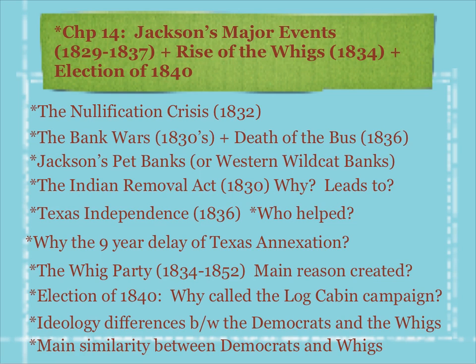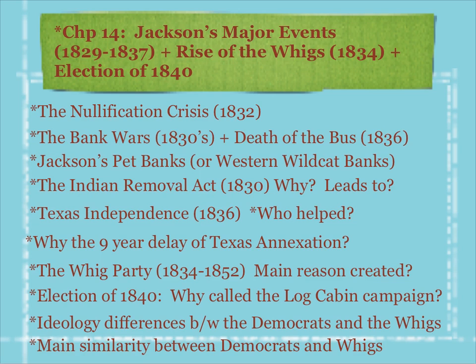The problem, though, is there's still money in the BUS. And so Andrew Jackson takes some of the money out of the BUS and puts it in his pet banks or his Western Wildcat banks. These are state banks. They're not as big as the BUS, so they're smaller banks. And so this government money is going into these smaller banks. Unfortunately, they're not as financially sound as the BUS was.